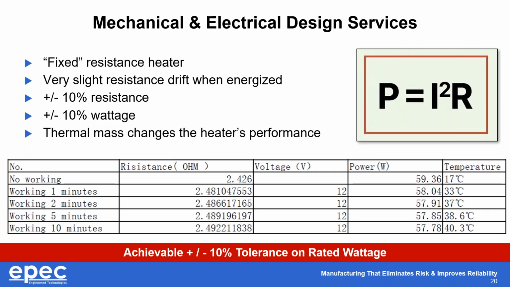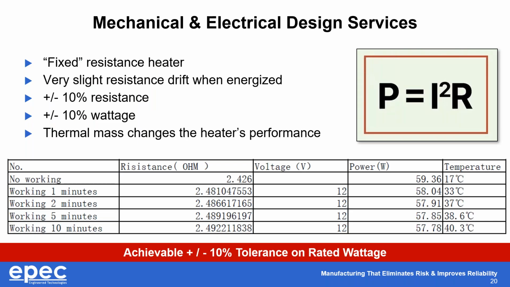As I said before, these heaters are fixed resistance. That resistance is defined by the size, width, and length of either the trace or the wire that's in the heater. We commit to a plus or minus 10% tolerance band on the resistance. That's important because that directly correlates to the wattage of the heater.